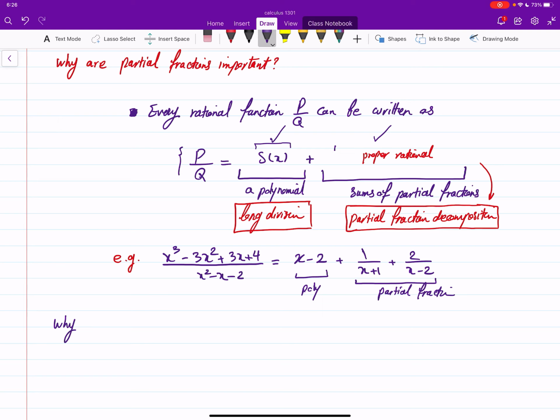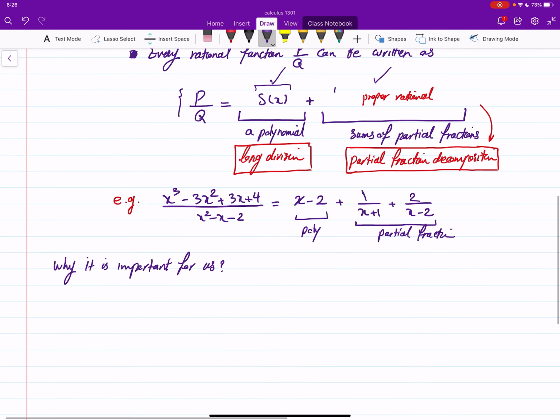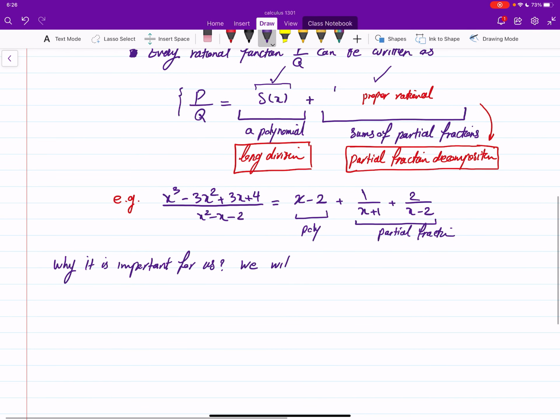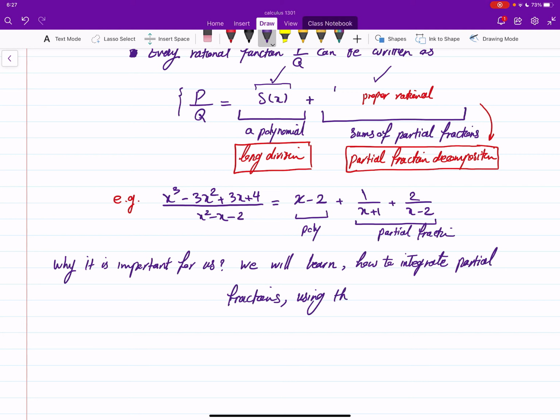That's why it is important for us, because we will learn first how to integrate partial fractions, and then using that we can integrate all rational functions.